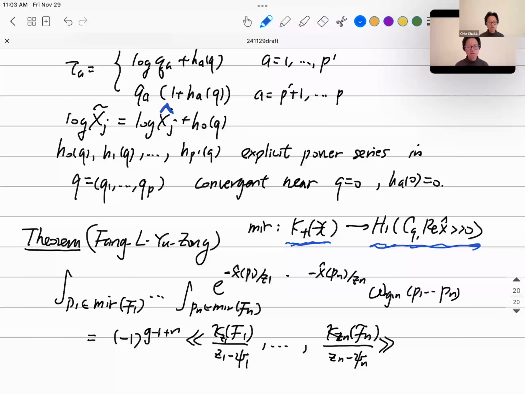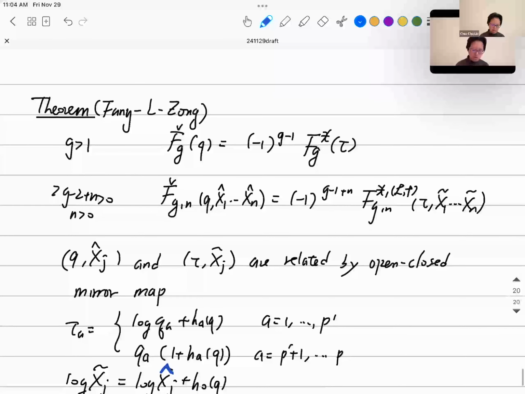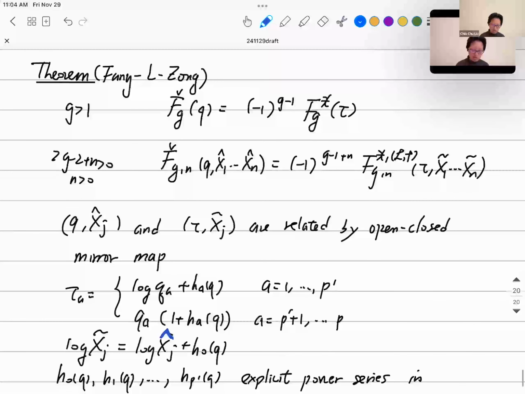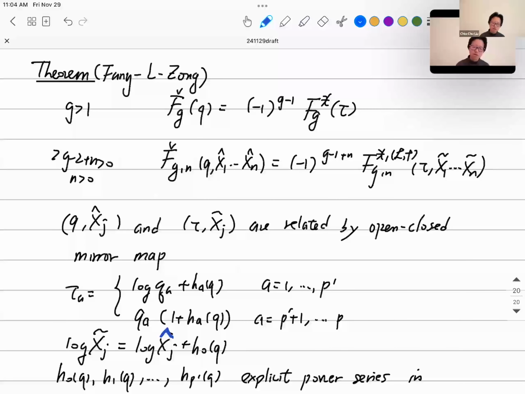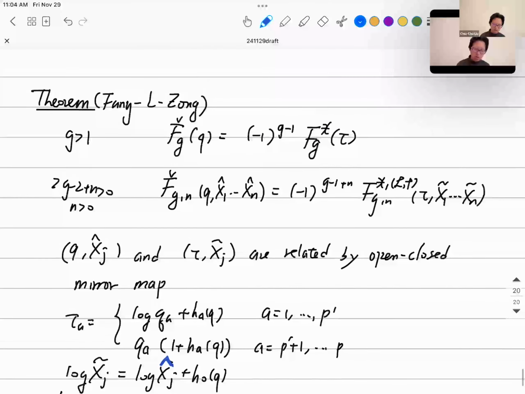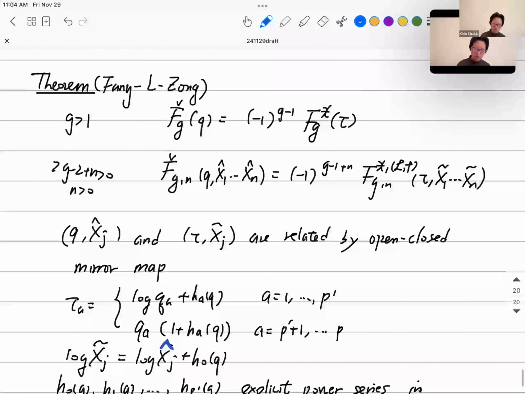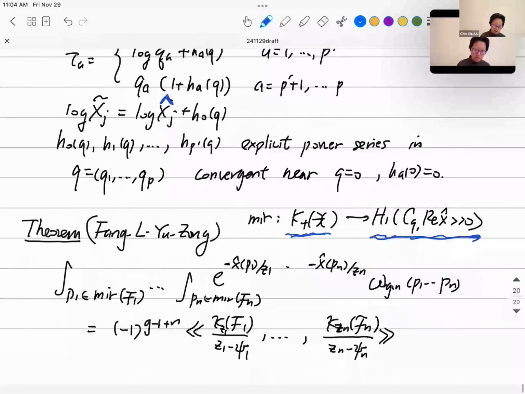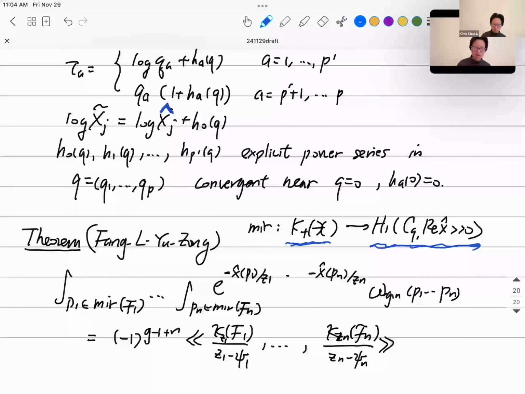Here, I will just say the proof is as follows. There is a graph sum formula for omega gn, because omega gn is the unique solution of some recursion. We take that graph sum formula and derive the graph sum formula for our FG hat Gn, and also the descendant integral.